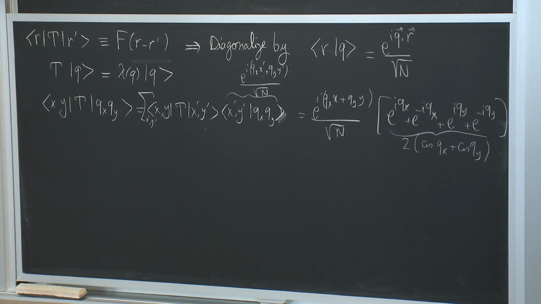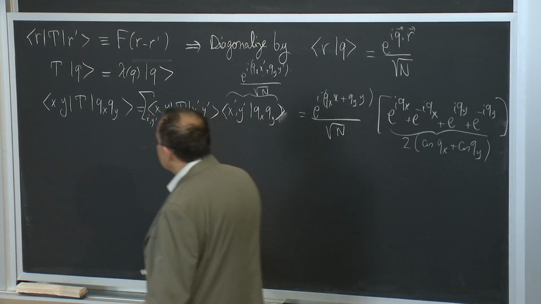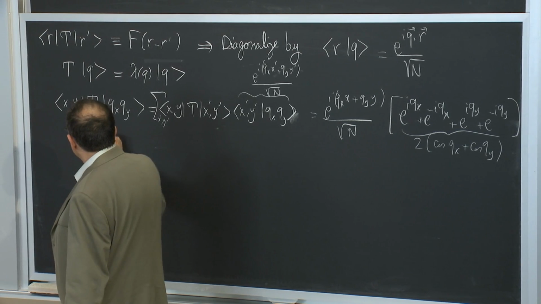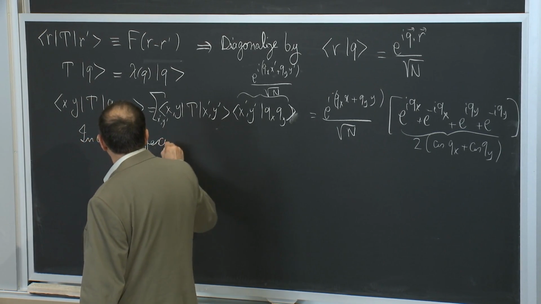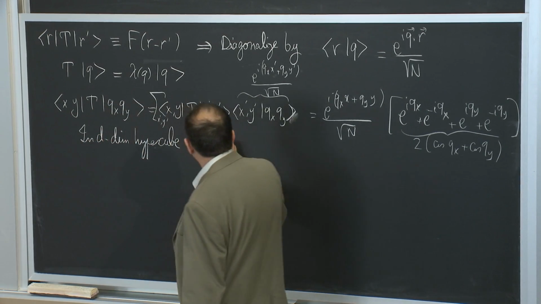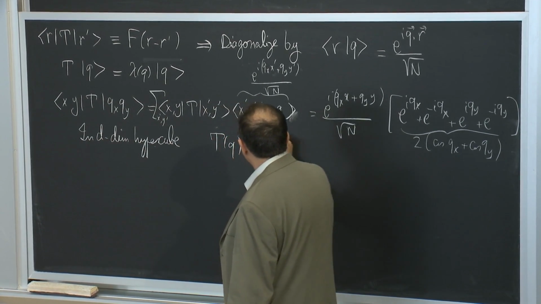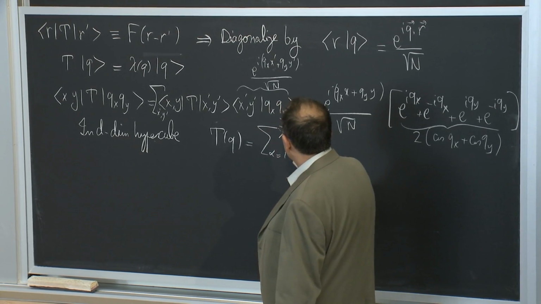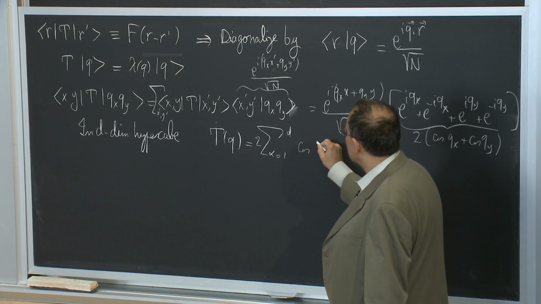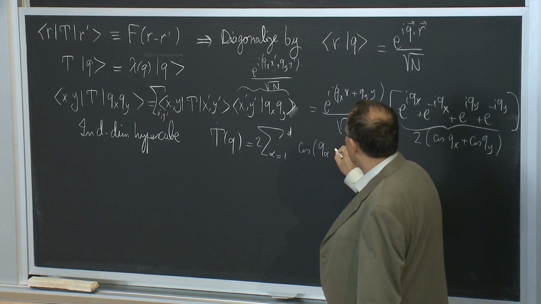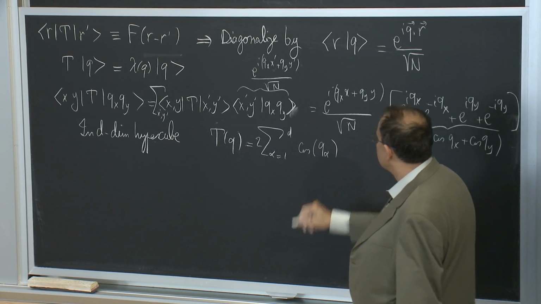And so we can see that quite generally in the d-dimensional hypercube, my t of q is going to be the sum over all d components of these factors of cosine of q alpha, and that's about it.